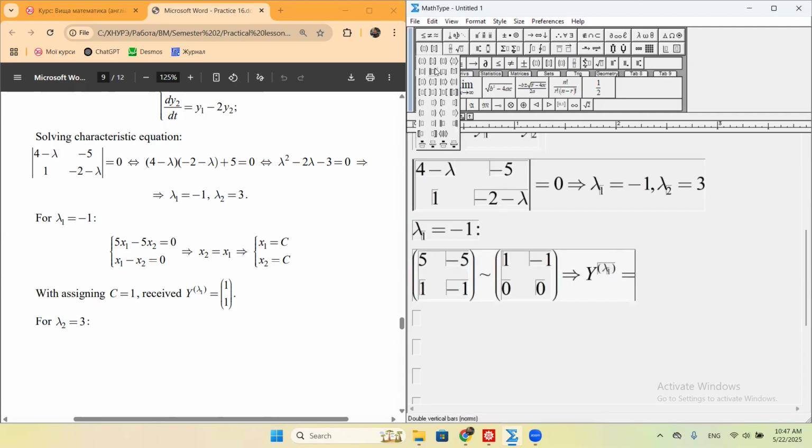Let's choose this value. And what about lambda 2 equals 3?